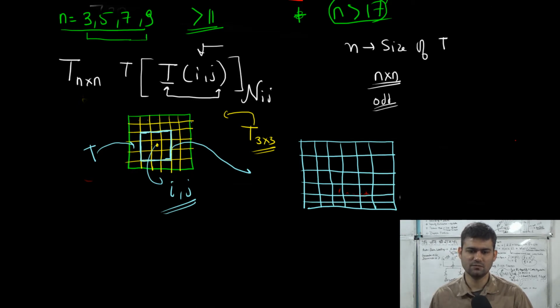So to compute the transformed value of this pixel, we take this neighborhood into account, operate on this neighborhood and give us the value for this pixel in the transformed image, which is obtained by applying this filter on each pixel i comma j in the input image.